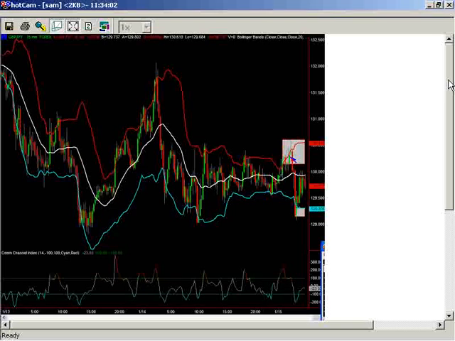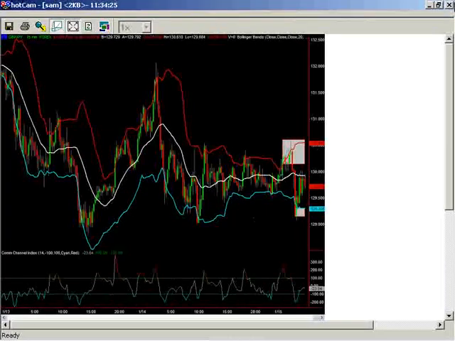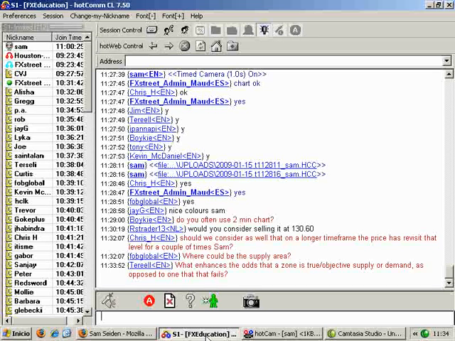Okay? We want to see that CCI is overbought. In other words, we want to find someone who's making a big mistake, according to the laws of supply and demand. That's the key here. We're using these tools, combining them with supply and demand analysis, to help us find someone who's making a mistake according to the laws of supply and demand.